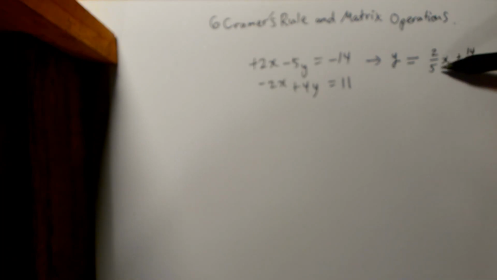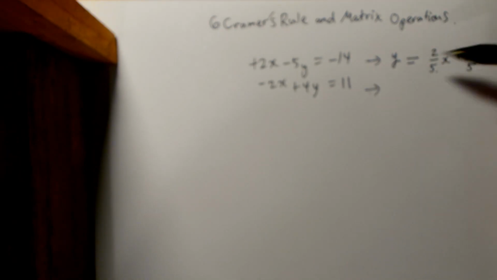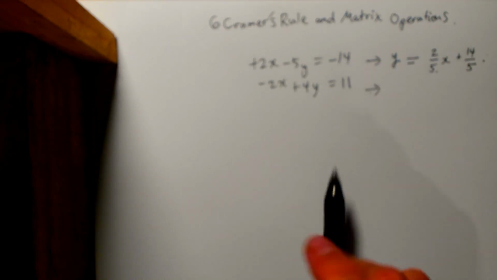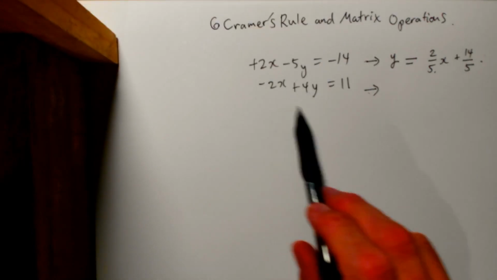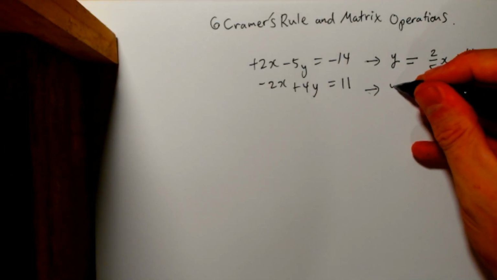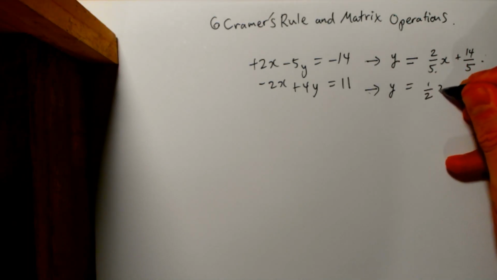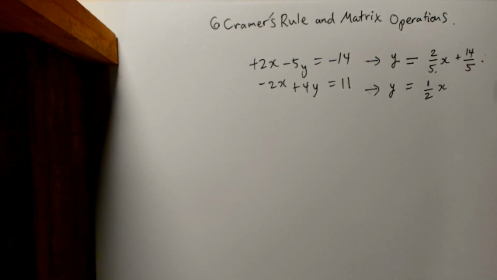So here I have a slope and a y-intercept. This equation here, again we can take the 2x over to the right-hand side and then divide by 4. So that would give, let's see, 2x over 4 was 1/2 x, and then plus 11 over 4. So here's my slope, here's my y-intercept.